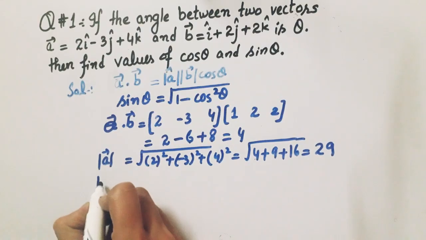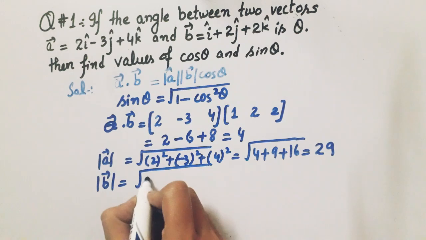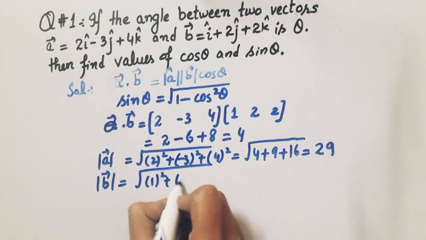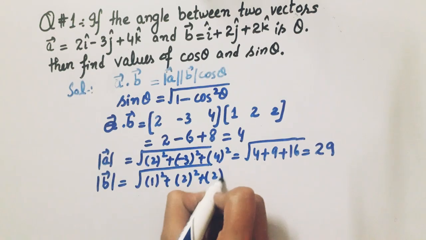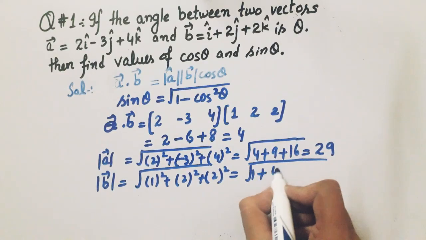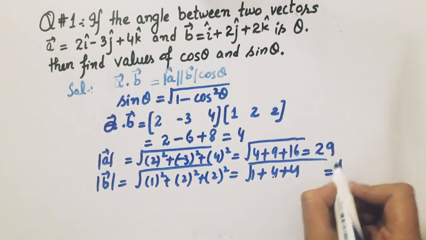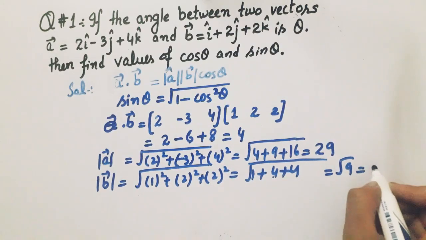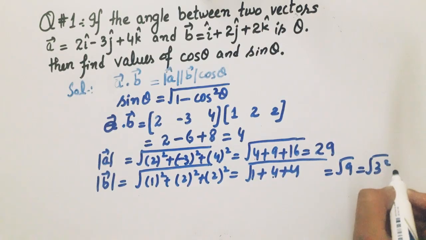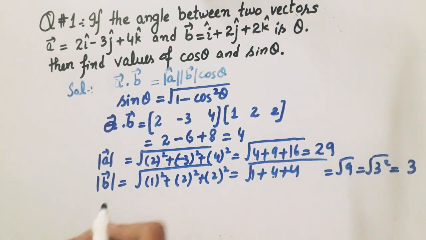Now we will find the magnitude of B, which will be equal to the square root of 1 square plus 2 square plus 2 square. So this will be equal to 1 plus 4 plus 4. So 4 plus 4 is 8, 8 plus 1 is 9. So the square root of 9 is equal to the square root of 3 square. So the square is cancelled by the square root and we have just 3.